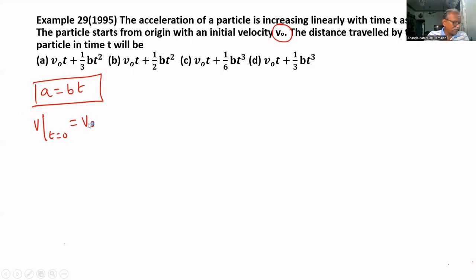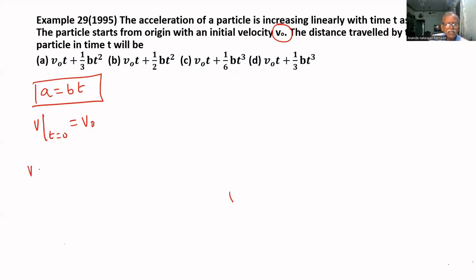Acceleration is given. We have to find velocity. Velocity means what we have to do? We have to integrate. If you integrate acceleration, you will get velocity. So acceleration is bt.